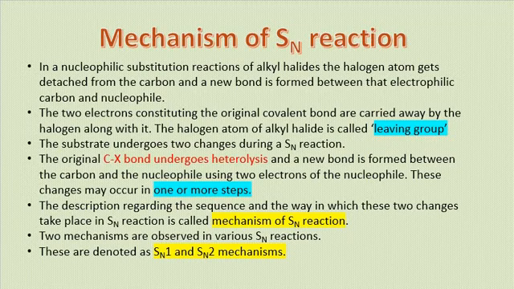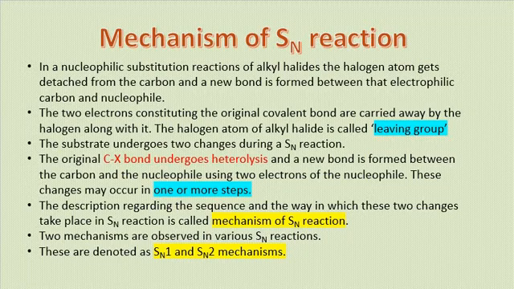In nucleophilic substitution reaction of alkyl halide, the halogen atom gets detached from carbon and a new bond is formed between the electrophilic carbon and the nucleophile which attacks the substrate.